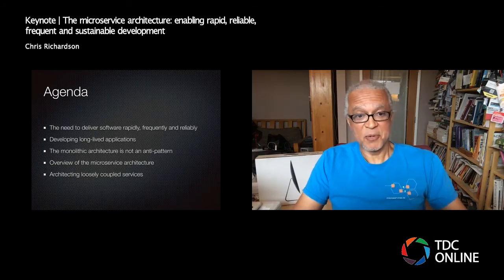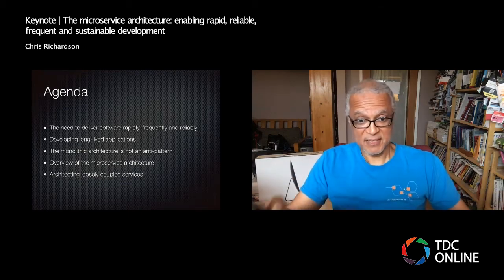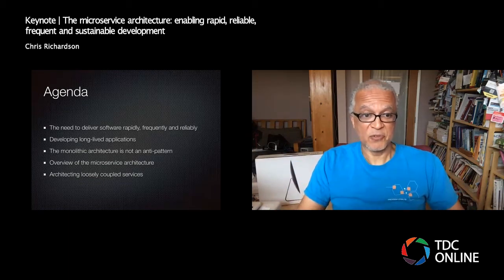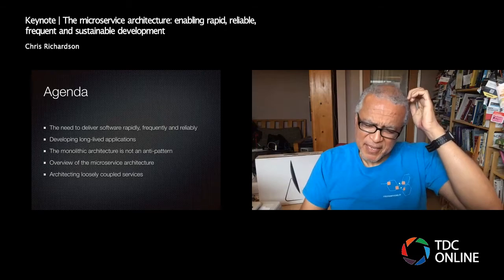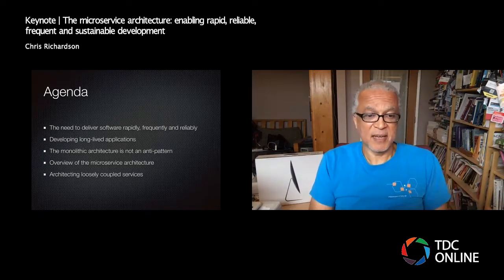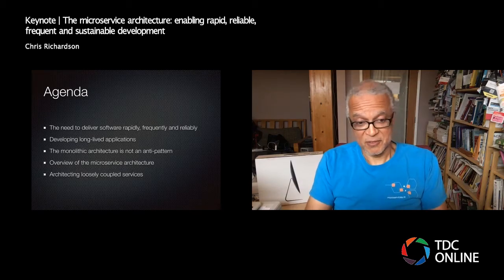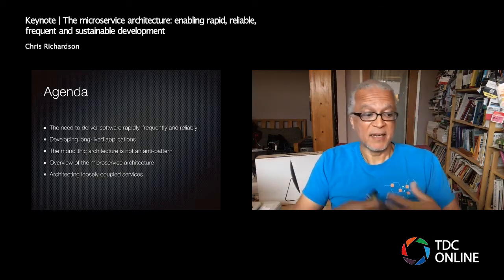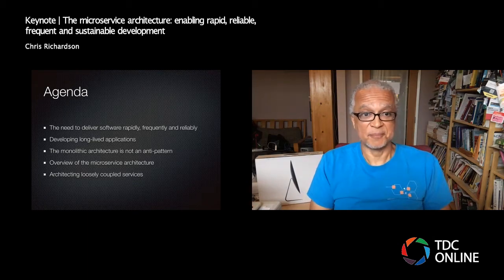And then I'm going to talk about the microservice architecture, talk about the essential characteristics, talk about benefits and drawbacks. And then I'm going to finish by covering one of the key concepts in a microservice architecture, namely loosely coupled services. So I'm going to talk about what that means and how you can achieve it.